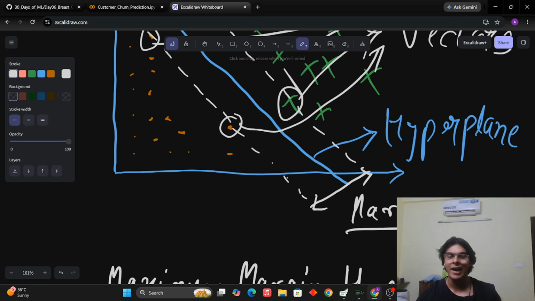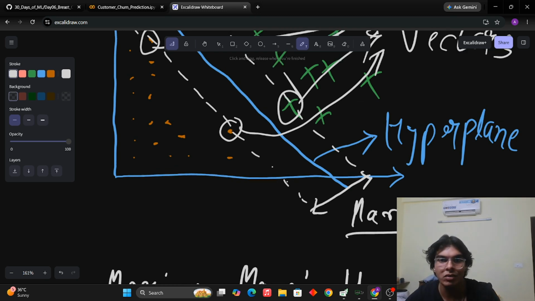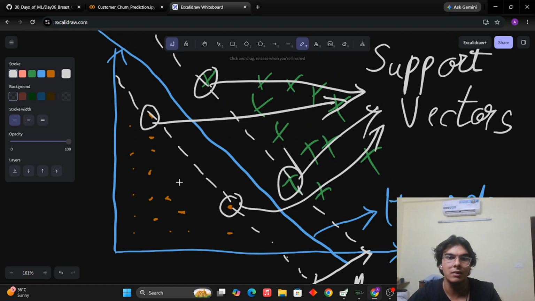Whenever we are classifying points, we want the closest points to be as far as possible, because if they were correctly classified, they are going to be the opposites of each other. If they are classified and they come close to each other, it means the model is a very weak classifier. Look at the green crosses and the orange dots in here, they represent the benign and malignant data points.